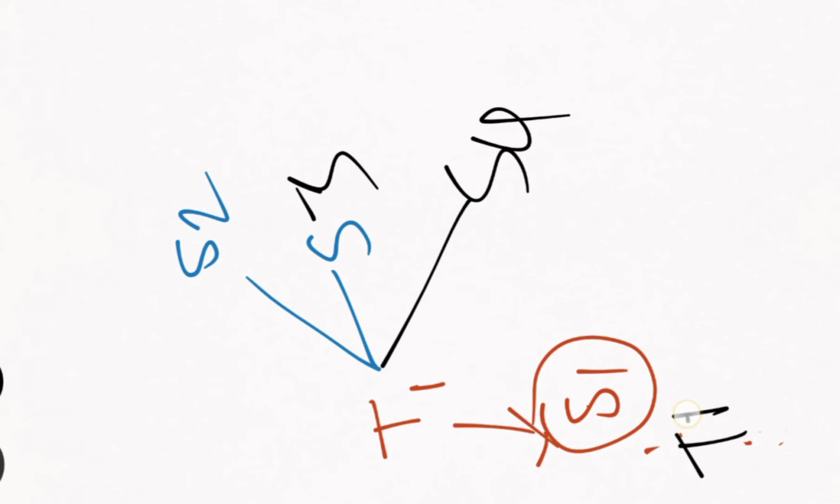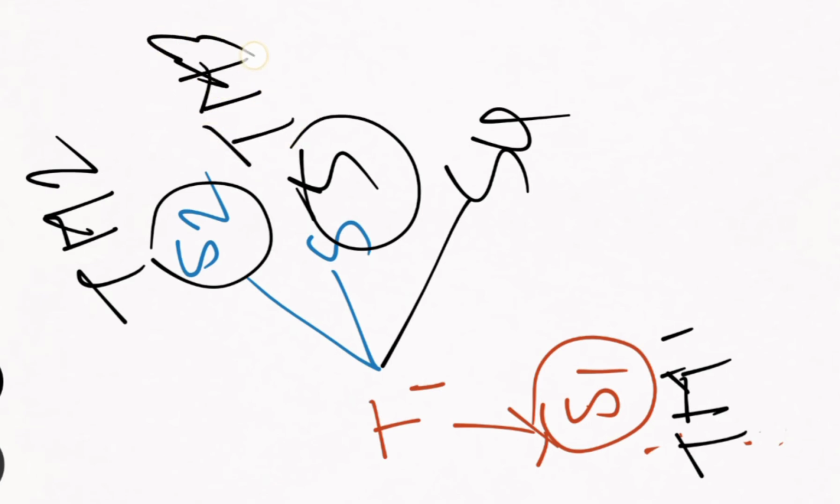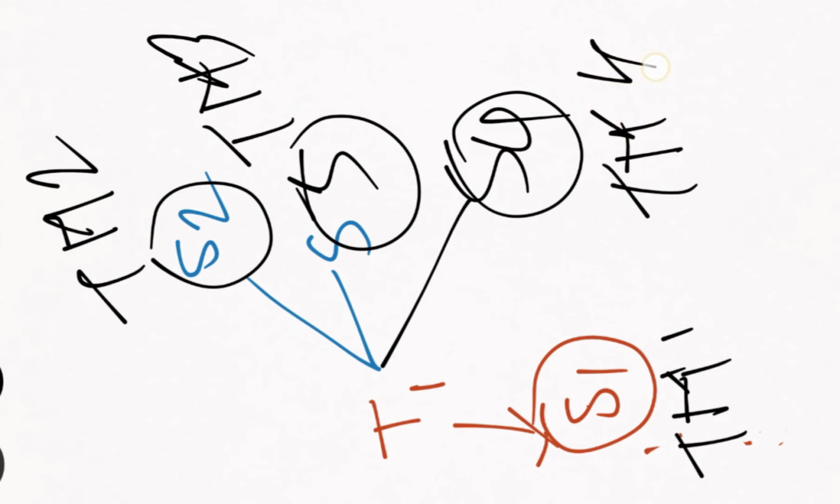This particular site will have its own transaction manager, if I name it transaction manager 1, this site will have transaction manager 2, here its own transaction manager 3, and here transaction manager 4.